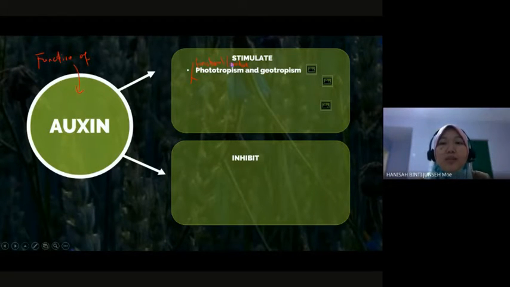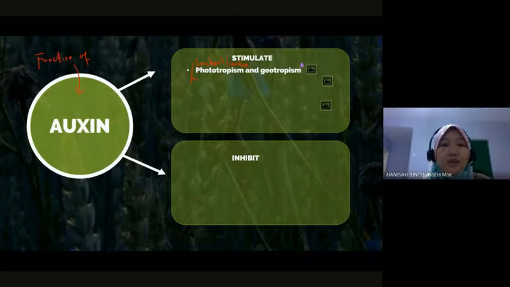Tropism is the response of a plant towards a stimulus. We're going to look at how auxin is related to phototropism and geotropism later on.